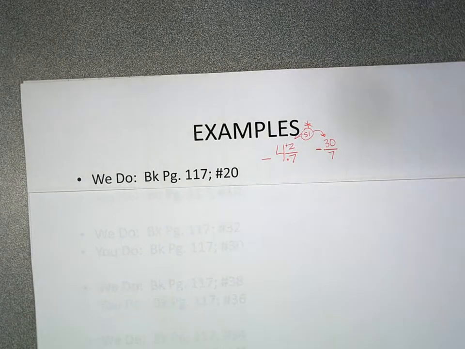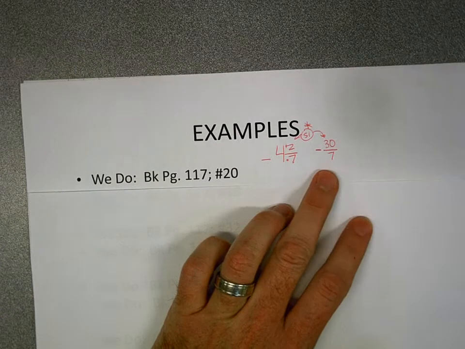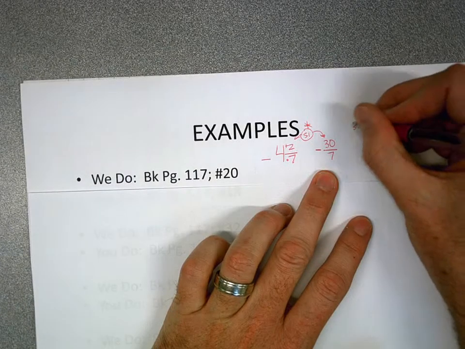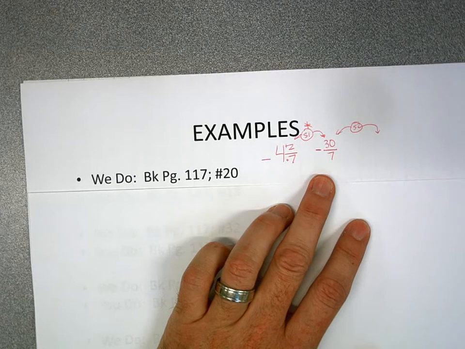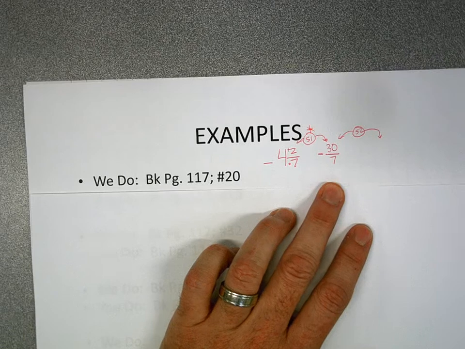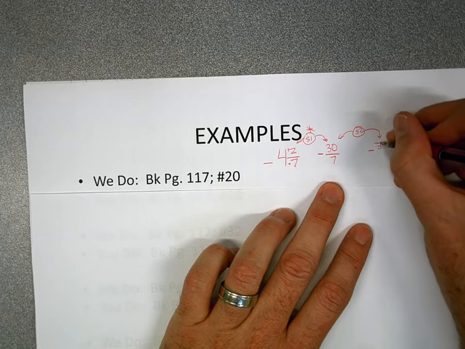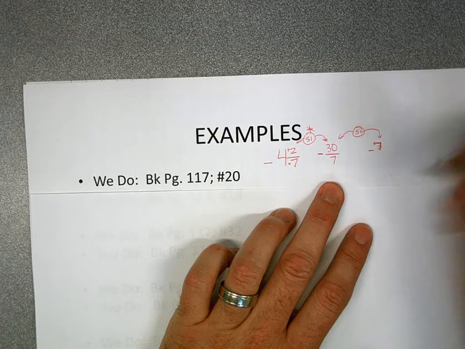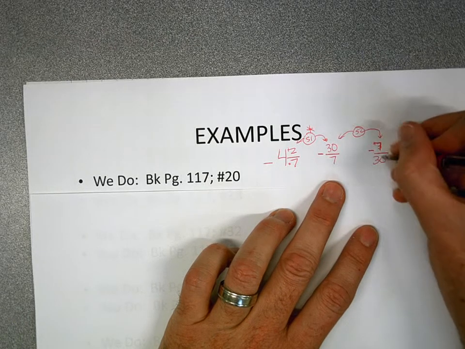Go ahead and grab another pen. Step 2. It's talking about the multiplicative inverse, which most of you know as the reciprocal. So all you're doing is flipping: the denominator goes into the numerator, and the numerator becomes the denominator.